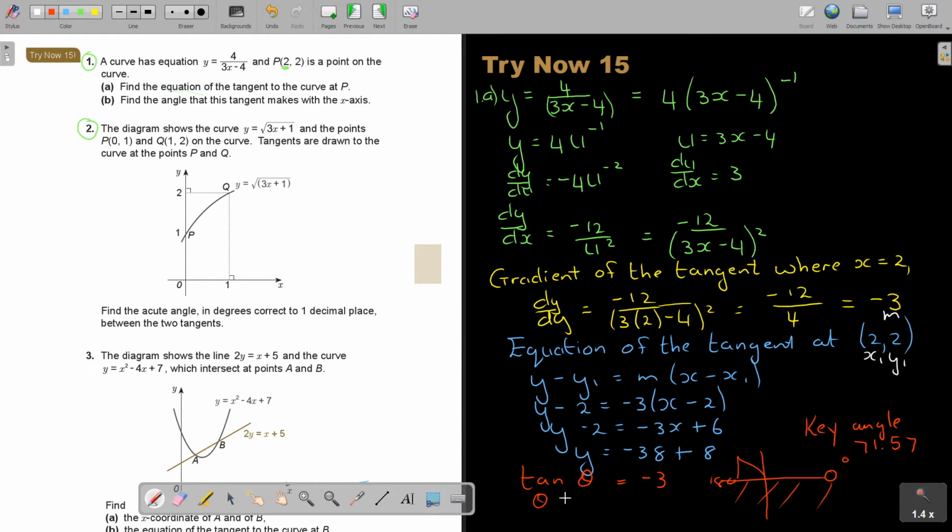So to get theta, it's 180 minus 71.57, and that will give me an answer of 108.4 degrees. And that is the positive angle that it makes with the x-axis. Okay, that was number 1. Let's do number 2.